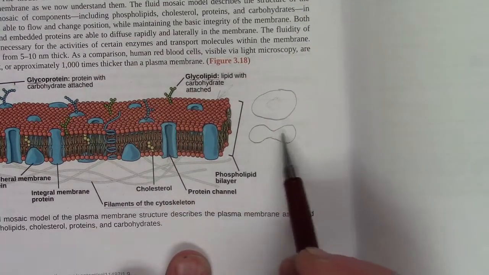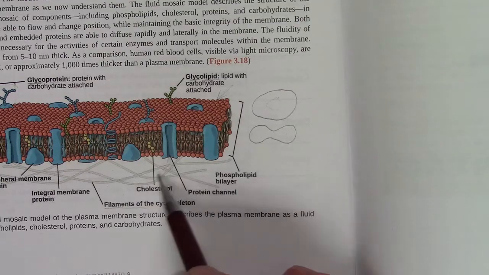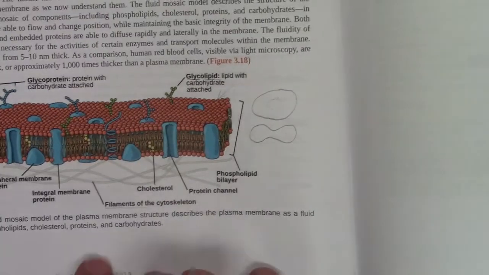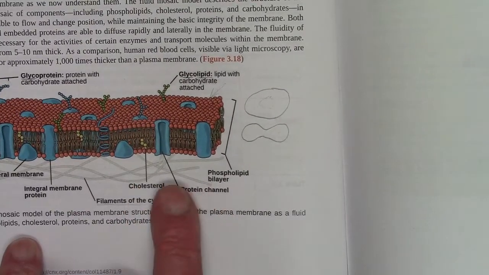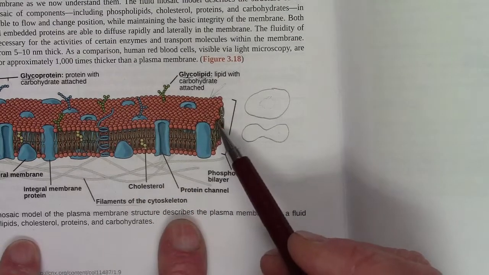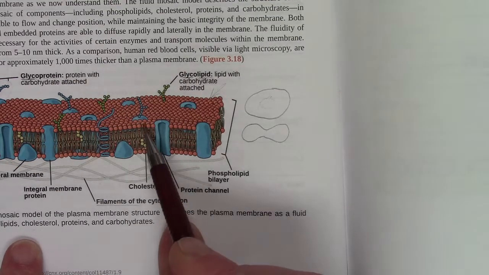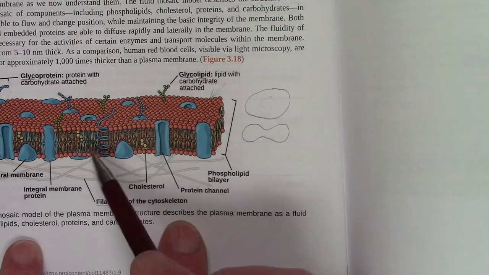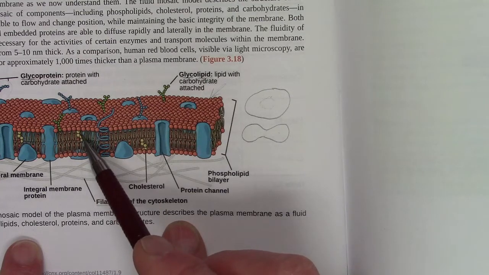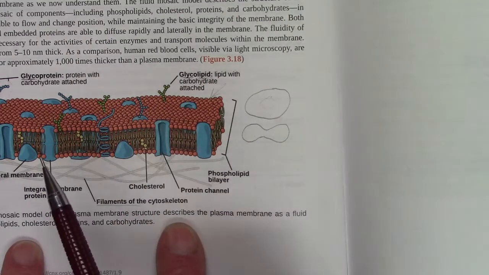That shape is determined by the cytoskeleton. But that's getting ahead a little bit of what I wanted to talk about. I wanted to show this figure to discuss the makeup of the phospholipid bilayer with the phospholipids and other associated proteins, cholesterol, other lipids, and other sugar groups.